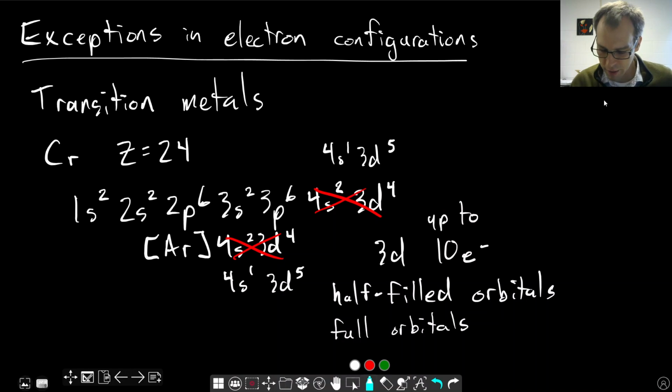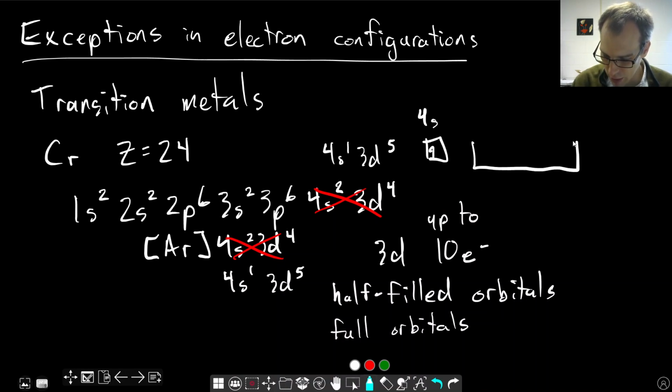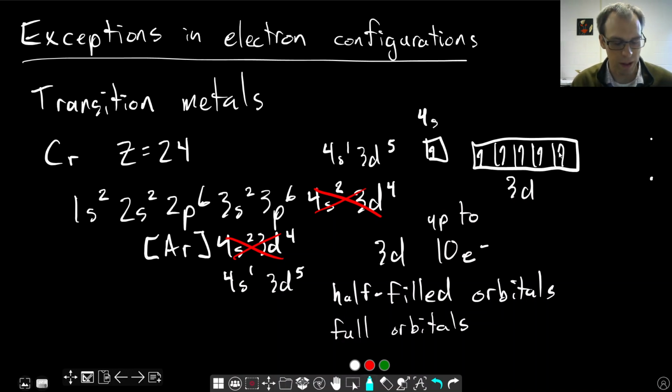But this exception here with chromium, where we have 5 electrons in d orbitals and 1 electron in the s orbital, gives us half-filled orbitals for both. Our 4s has 1 electron, and if we look at the d orbitals, we have 5 of them. The 3d5 gives us an exactly half-filled subshell, with 1 electron in each orbital, everything pointed in the same direction, either spin up or spin down.